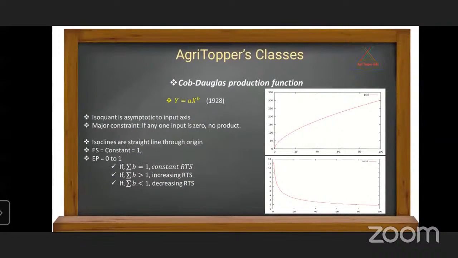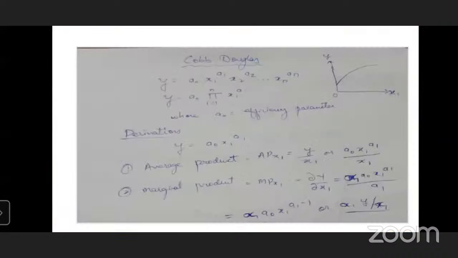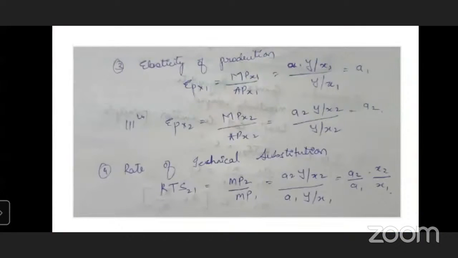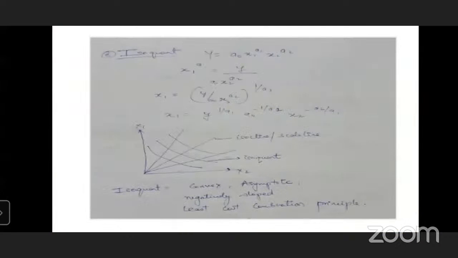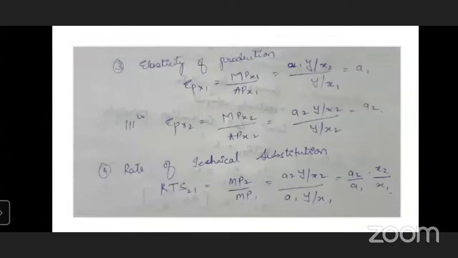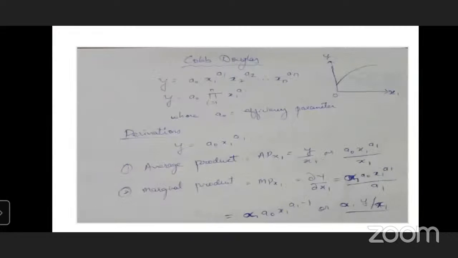So this is the Cobb-Douglas production function. I have derived it and given it, so MS students as well as other students can go through it. For the benefit of BSc students, I will explain a little bit. Don't try to understand everything; it is above your scope. But because examiners sometimes ask, I'm telling you, y is equal to a0, x1 raised to a1, x2 raised to a2, and so on to xn raised to an.